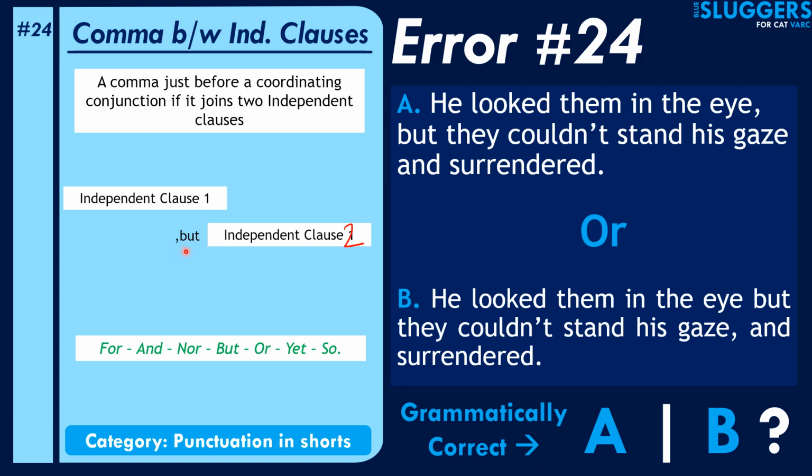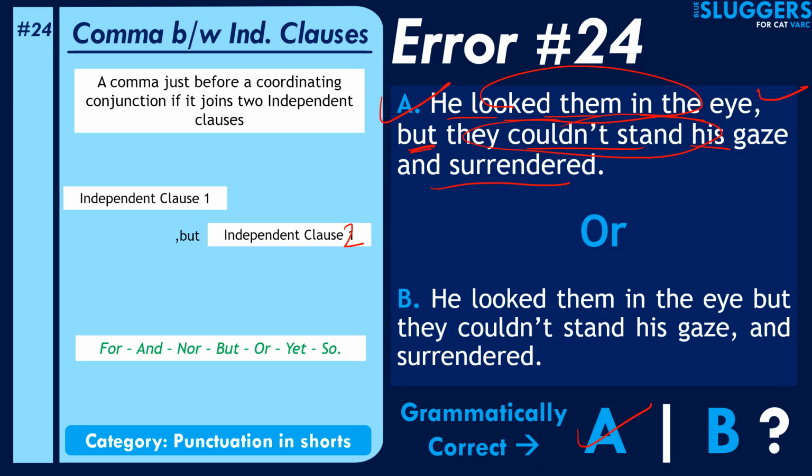That's what the rule says. For example, look at the first sentence: "He looked them in the eye, but they couldn't stand his gaze and surrendered." You have the first independent clause, the second independent clause, and before "but" you need to have the comma, which you do have here. So this sentence is absolutely on point.